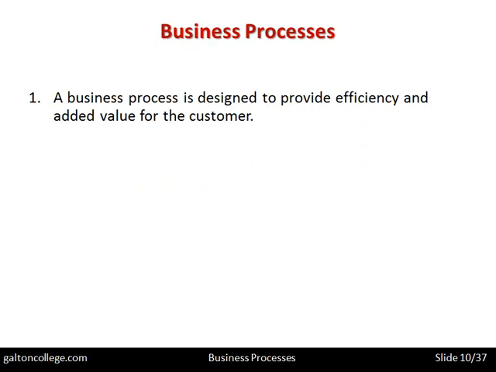A business process is designed to provide efficiency and value added for the customer. So here we're playing more on the word business. Business conjures up this idea of efficiency, the need for efficiency.